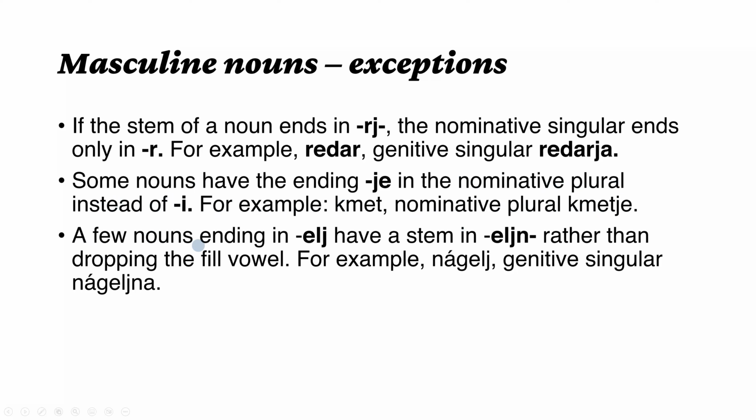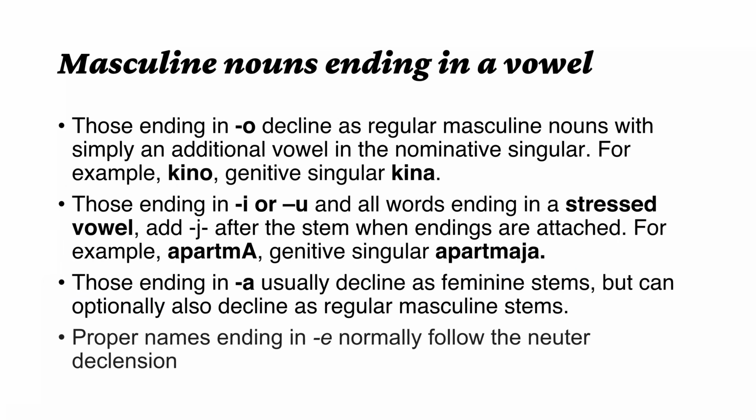And a few nouns ending in elaya have a stem in elayan rather than dropping the fill vowel. For example, nagel, his genitive singular is nagelna. And depending on the vowel, the masculine noun ends, things change.